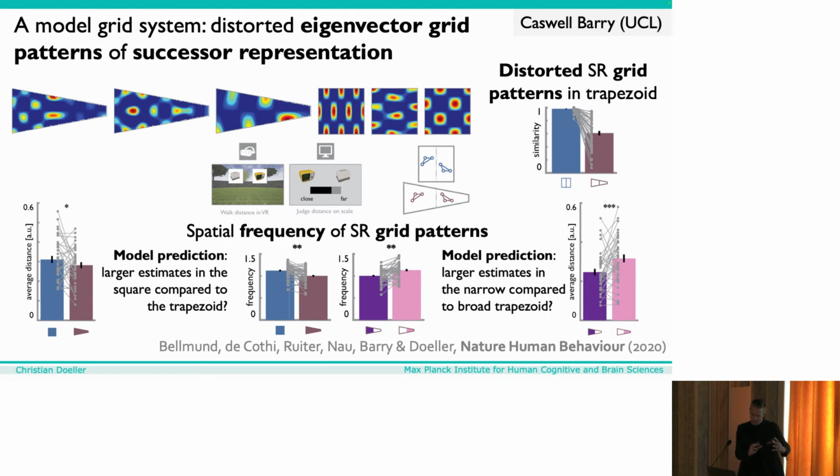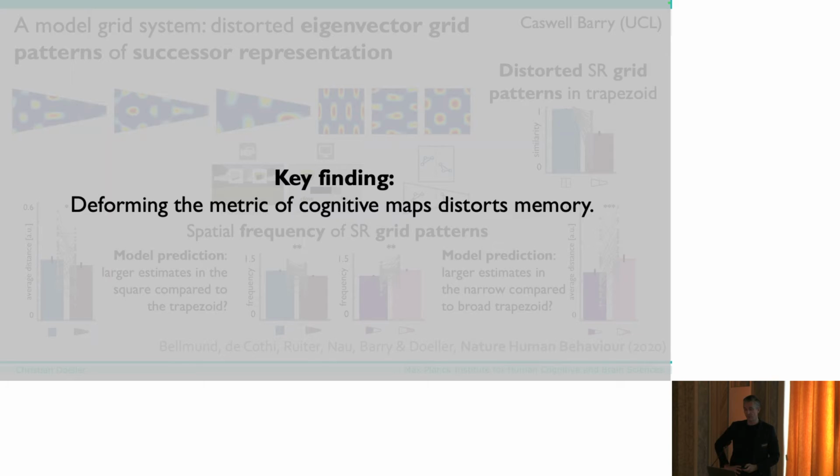So the predictions coming from the grid cell model in terms of the spatial frequency, so how packed the grid cell firing pattern is, directly translates into human behavior when they explore a square and a trapezoid environment. So to sum up this finding, deforming the metric of a cognitive map distorts memory.